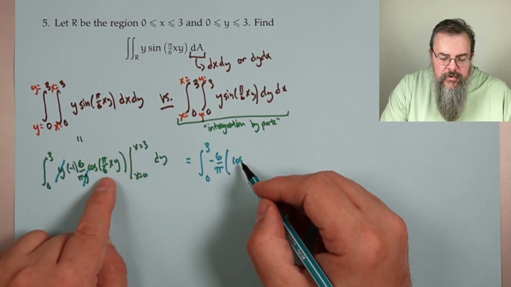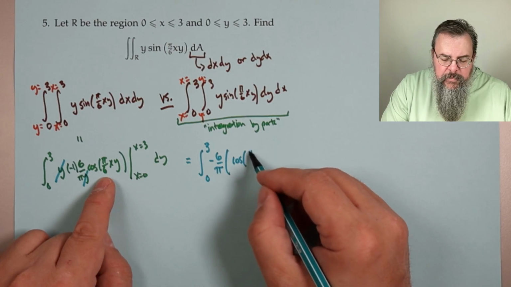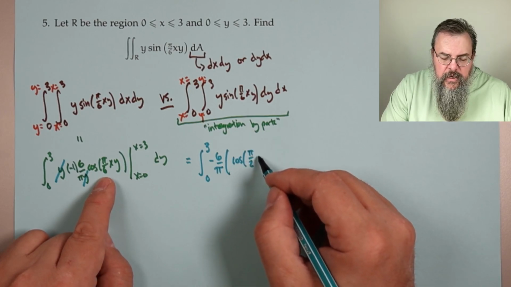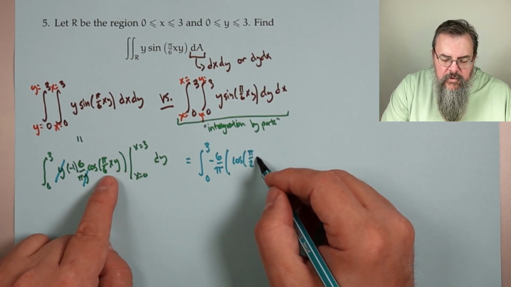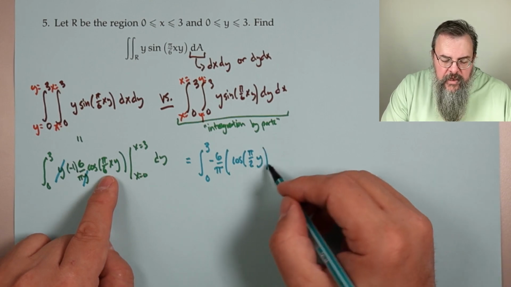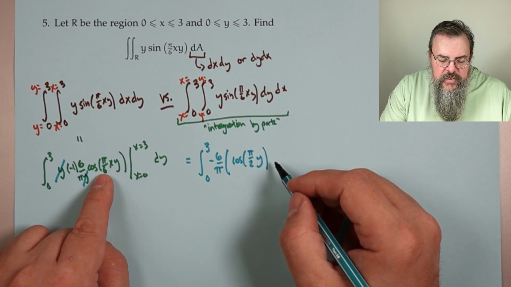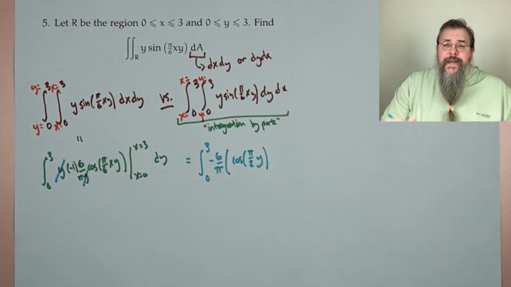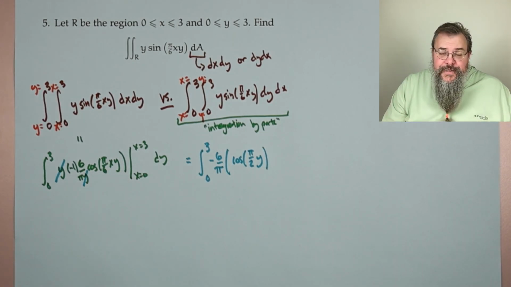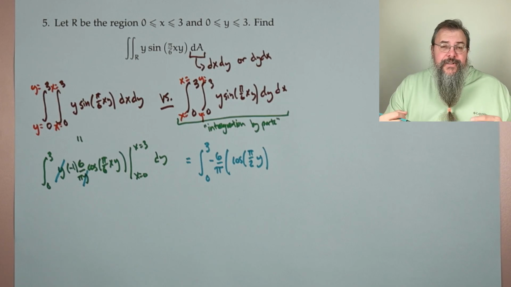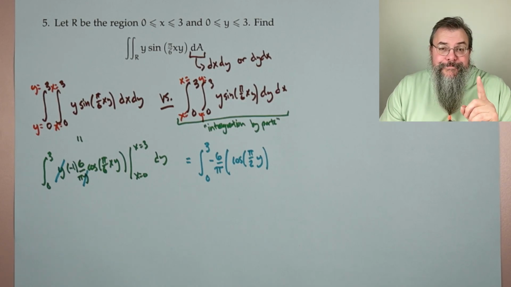So we're plugging in x equals 3. So we have a cosine pi over 2. We're plugging in x equals 3, so that's pi over 2y. And then subtract cosine pi over 6 times 0 times y. Well, that's going to be cosine of 0. Cosine of 0, also known as 1.